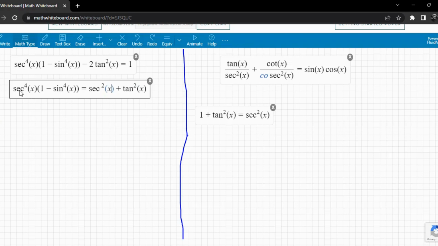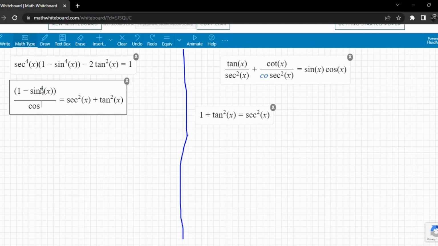Now we can write secant to the power of 4x as 1 by cos to the power of 4x. So we can rewrite this as 1 over cos to the power of 4x. Now we can write 1 as 1 to the power of 4 too.